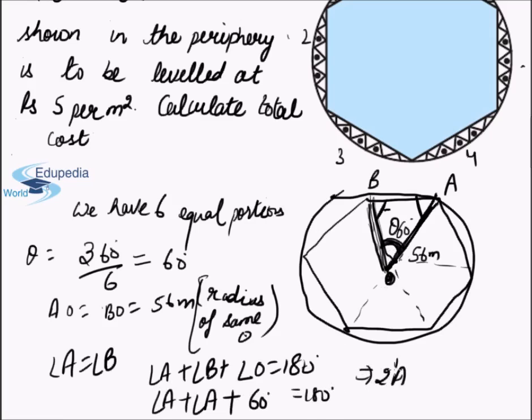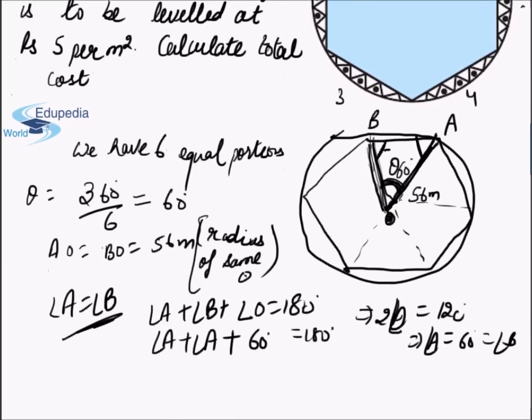So twice angle A is 120 degrees, and hence angle A is 60 degrees. Similarly, angle B is also 60 degrees because angle B is equal to angle A. So all the angles of this triangle OBA have come out to be 60 degrees, and hence it is an equilateral triangle.